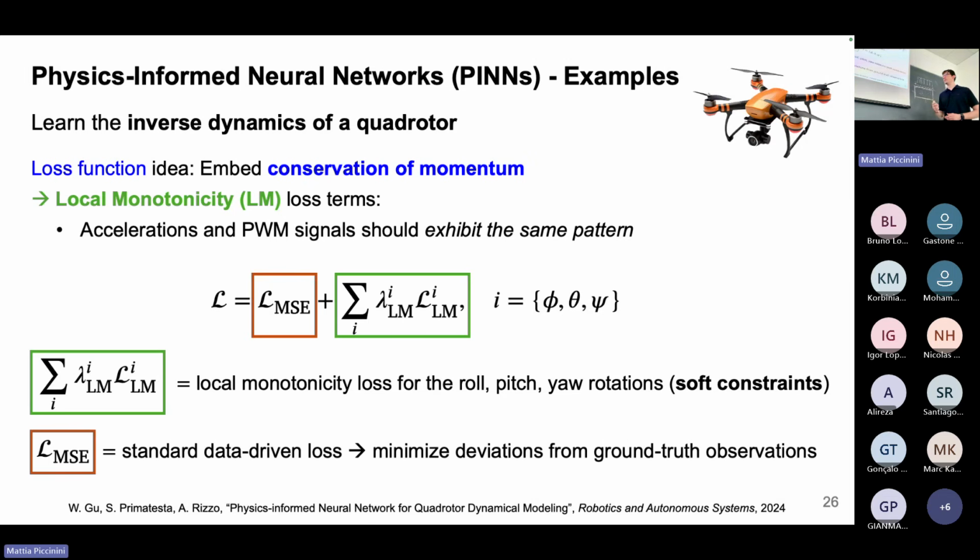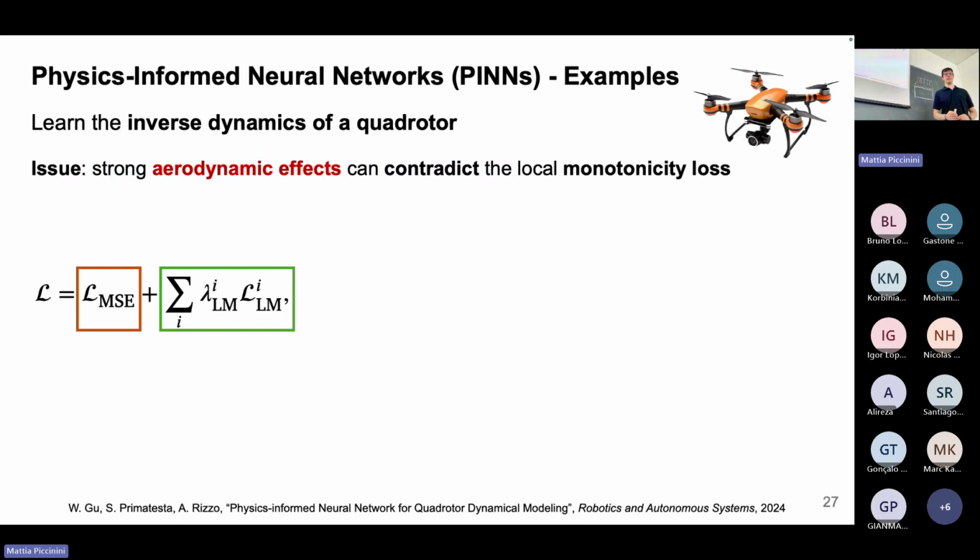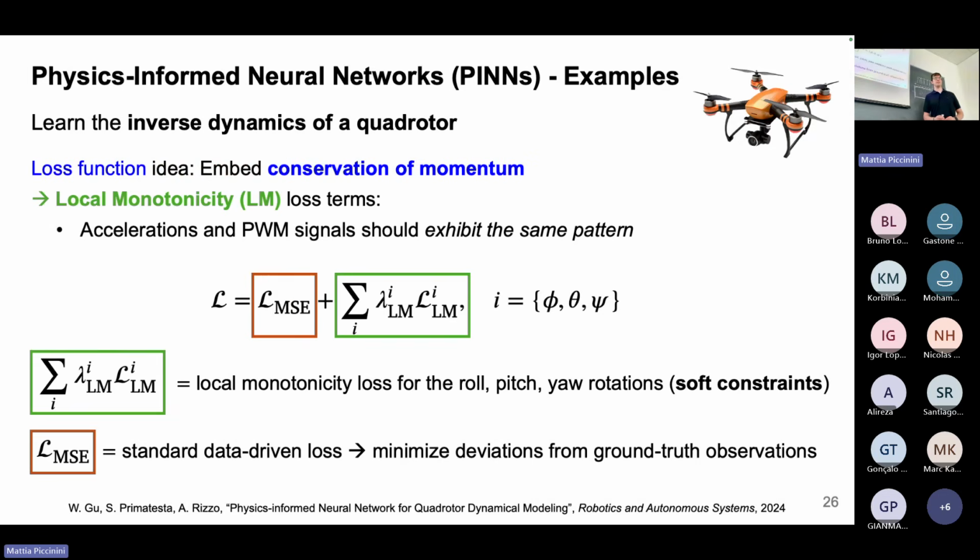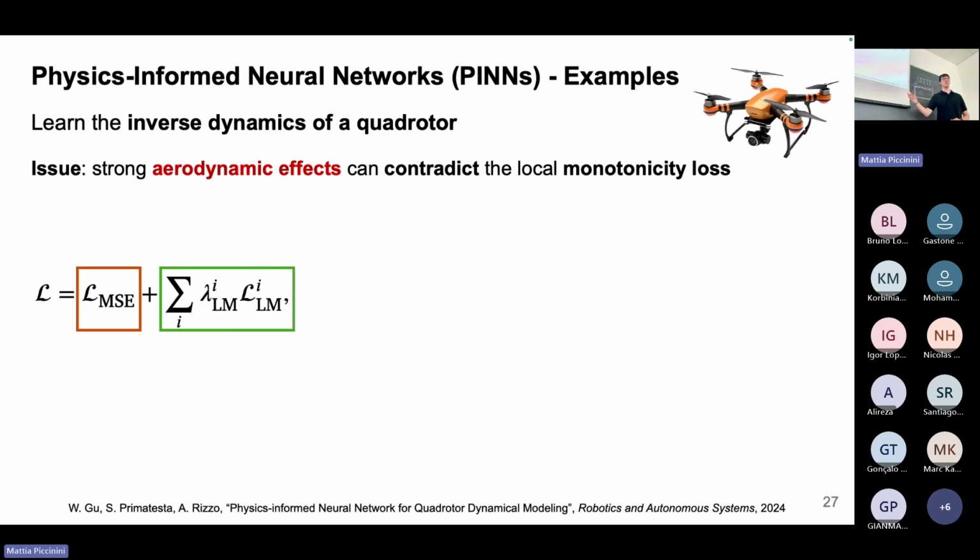And the first term is, of course, the standard data-based MSE term, right? So we have to minimize the deviations from our ground truth observations. The thing is, okay, it works, but they also say if we have strong aerodynamic wind effects, it may not be true that the yaw acceleration, for example, is so correlated with the motor commands.